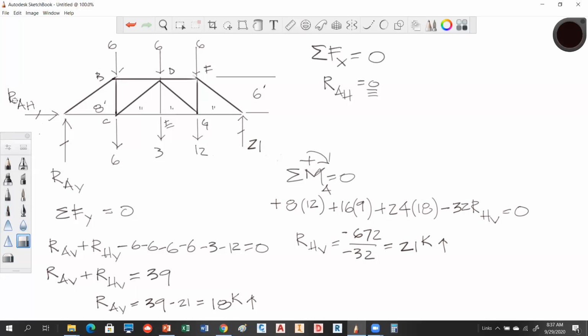Over here, we know that that is 0 and the other one is 18. Also, I mentioned this before, you've got to make sure that you get the right number with the right reaction. It would be easy to put 21 over here and 18 over here if you're not careful, right? So you've got to watch that. Okay. So there's our truss with the proper solution.